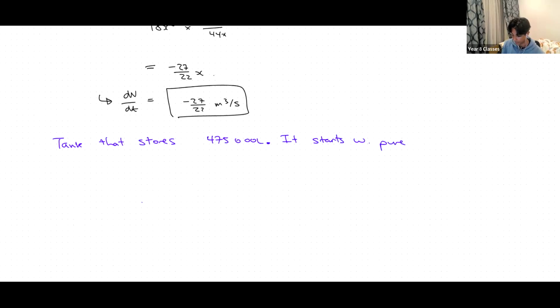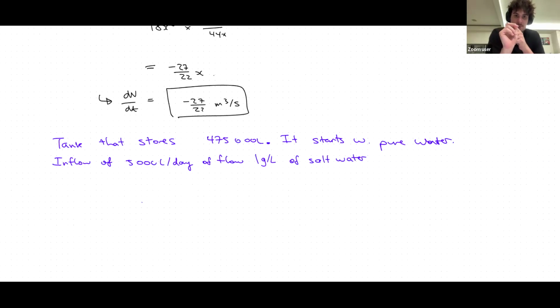Into this tank, there's an inflow of 5,000 liters a day with 1 gram per liter of salt water, and there's also an outflow of 5,000 liters a day.